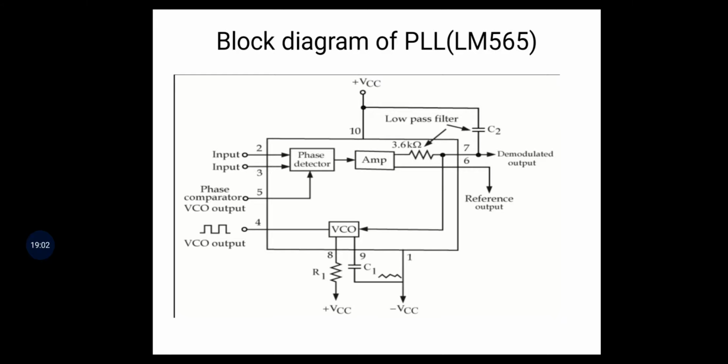If the input frequency changes, the voltage out of the phase detector changes, thereby causing the voltage controlled oscillator frequency to track the input signal.